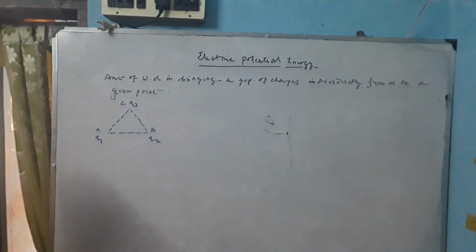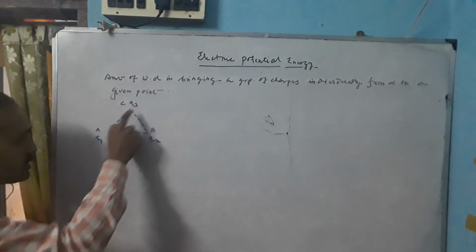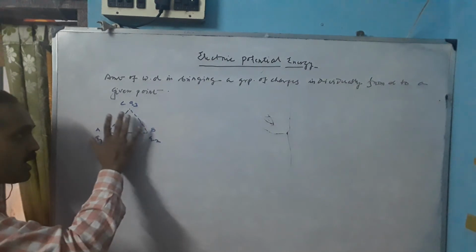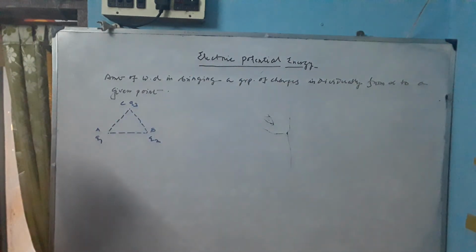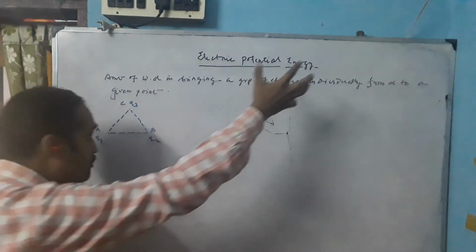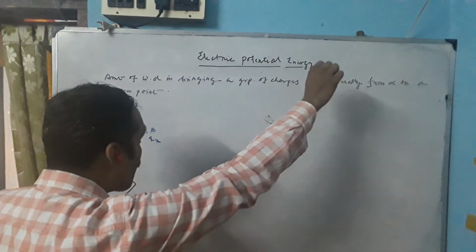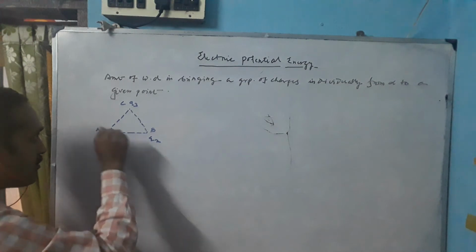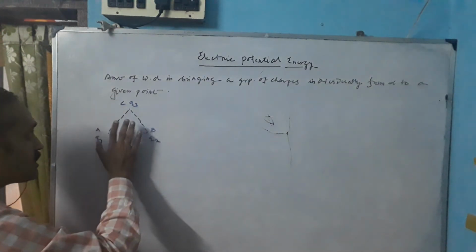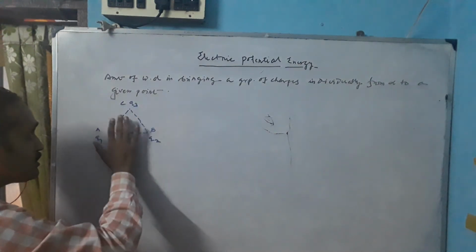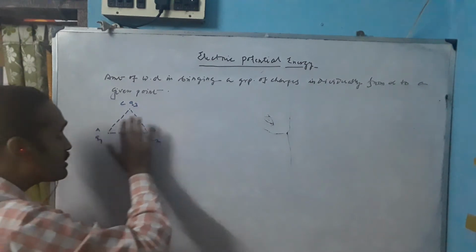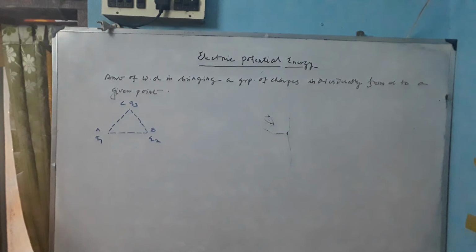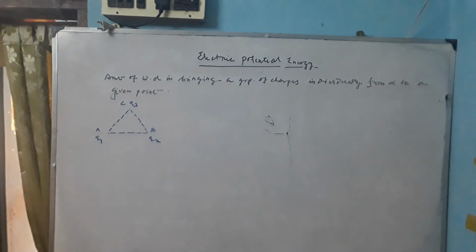It is noted that all these 3 point charges are not here initially, they are at infinity. We will try to bring these charges from infinity to these particular points A, B, C. Henceforth, they will constitute a system, as I was telling you before defining the term potential energy.